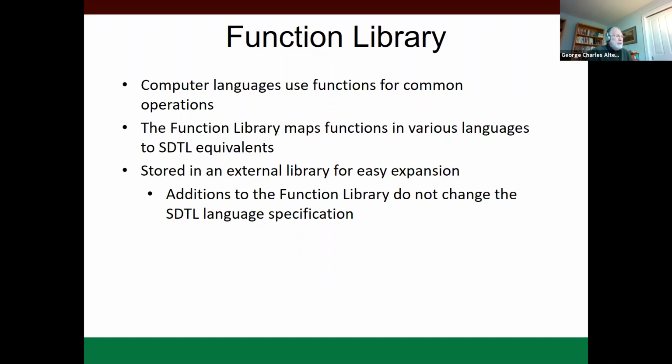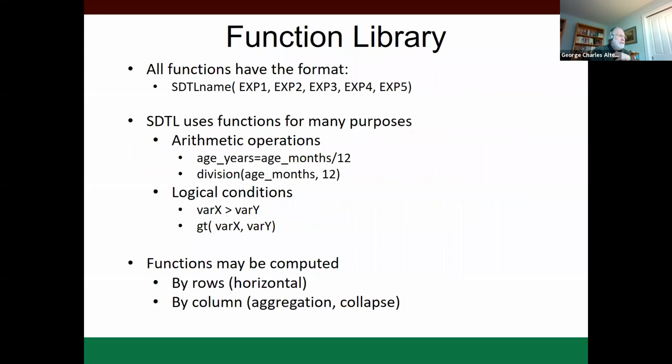And what we do in the function library is we create a mapping between a function in one of our source languages and SDTL. And then we store these things in an external file. It's not part of the language definition per se, but it's available for anybody who wants to use it. And it expands the number of things that can be done.